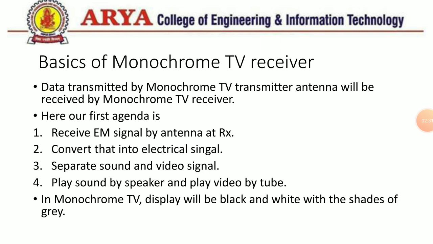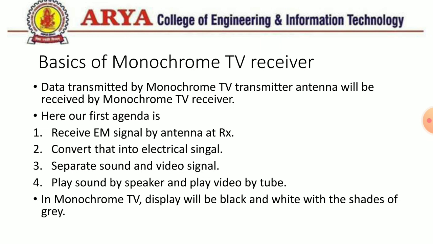And after the electrical signal we need to separate sound and video information, and once you separate these two pieces of information we need to play sound by the speaker, and we need to play video by the tube. So these are the agendas which are there with monochrome TV receiver.